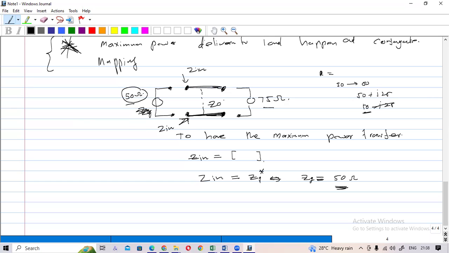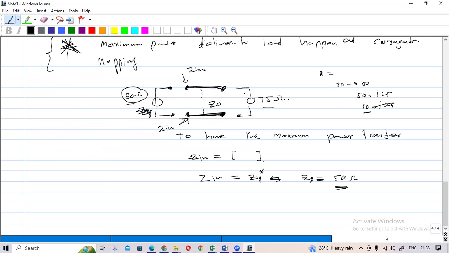Z in should be equal to 50 ohm, equal to Z naught, that is what you need to calculate, Z naught times 1 plus, sorry, ZL, that is 75 plus Z naught. Now if I go that way, it is somewhat difficult to solve.